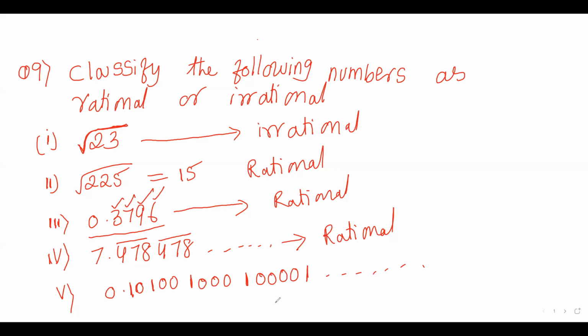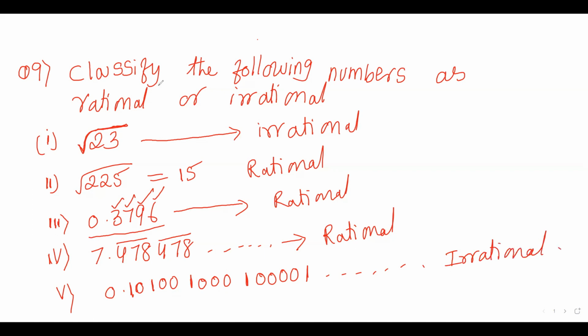Pattern means the same thing should be repeated, like 0 1 0 1 0 1 0 1. Then it is following a pattern. It is recurring, non-terminating, repeating decimal. But here, one time we are getting 0 1, other time we are getting 0 0 1, again we are getting 0 0 0 1. So these type of decimals are non-terminating, non-repeating decimals. All these decimals cannot be expressed in P by Q form, so they are irrational.